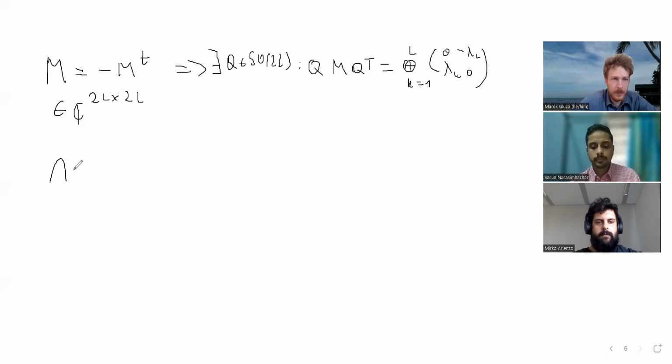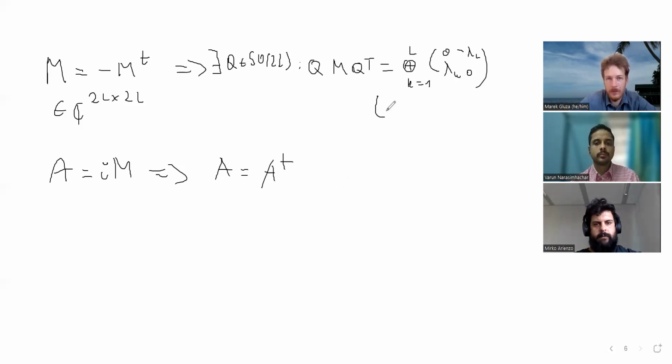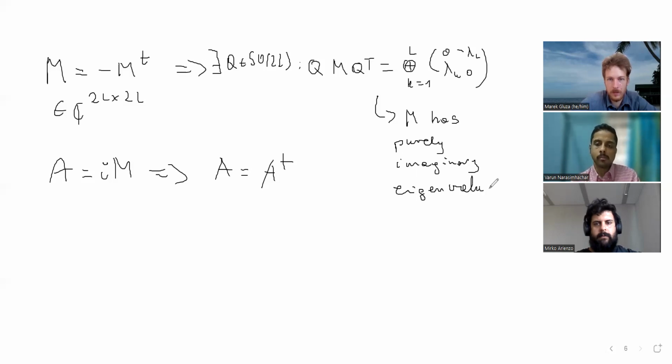Consider the matrix A equals iM. Then A is Hermitian, which means it has purely real eigenvalues. And what this form means is that M has purely imaginary eigenvalues, and those eigenvalues are plus minus lambda_k.